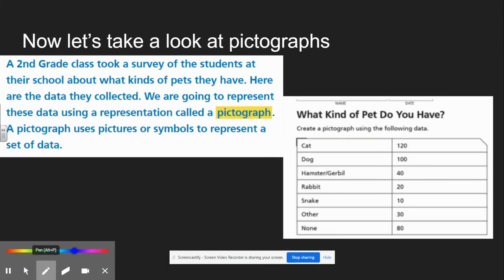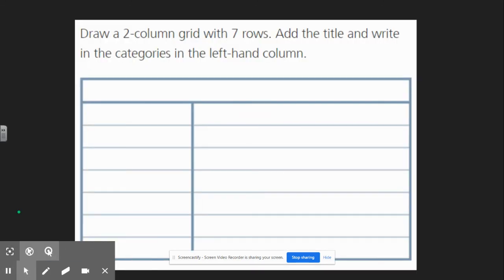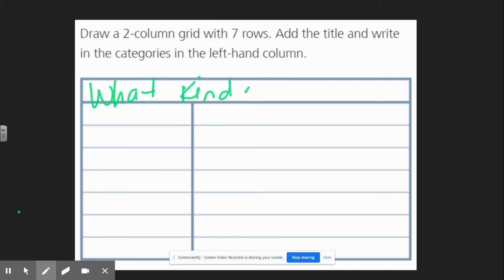So I'm going to grab my pen, and I know the title is what kind of pets do you have? I'm going to write that here. What kind of pets do you have?